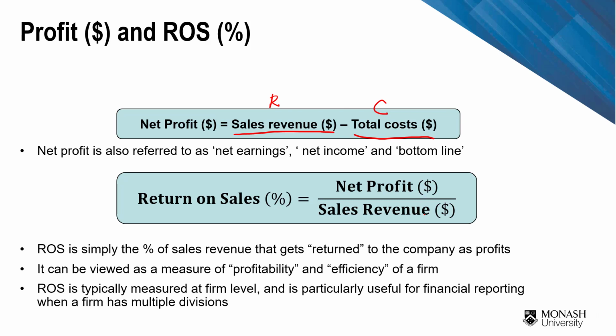What we want to know is how much of the profit is derived from your sales, because ultimately your revenue should have a higher number. Why? Because there will be associated costs in every company. So ROS, or return on sales, is simply the percentage of sales revenue that gets returned to the company as a profit. Now, why is that happening?